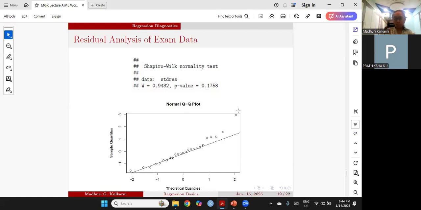So there are two options. Either you remove the outlier from the data and then fit the model again to the rest of the data, and investigate the outlier separately. See what is the reason why for this value there is so much difference between the fitted value and the actual value. Is there something more to the data? More study needs to be done by discussing things with the client.